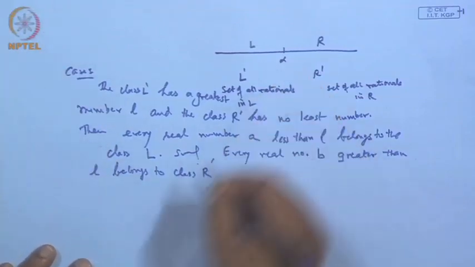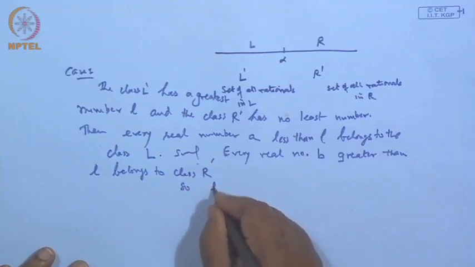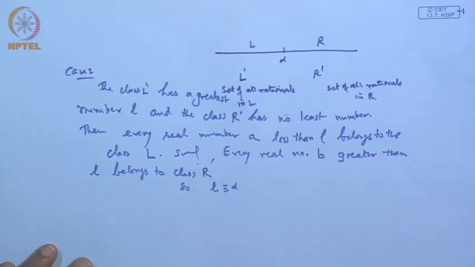So here L corresponds to our alpha, is it not? In this case, the real number alpha is nothing but L. Clear?